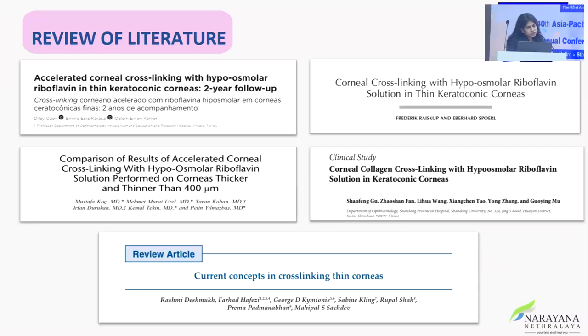Comparing our study with the literature, the study conducted by Ozek and colleagues correlated with the findings of our study. The strength of our study is that, to the best of my knowledge, it is the only study carried out using the 18 milliwatt per centimeter square protocol with hypoosmolar riboflavin in thin keratoconic corneas.